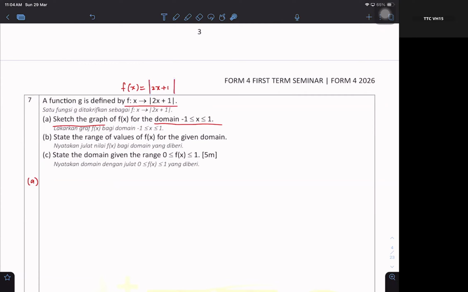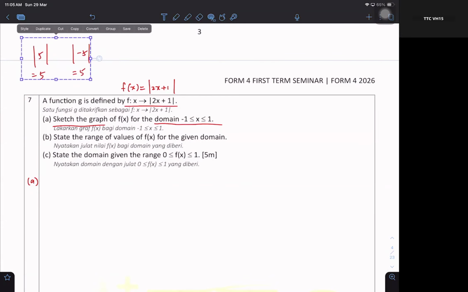Let's say, for example, you modulus 5. So the answer is 5. What if you modulus -5? Then the answer is also 5, right? You must know this. If not, cannot do, okay?